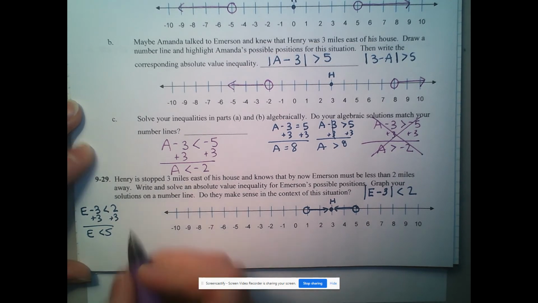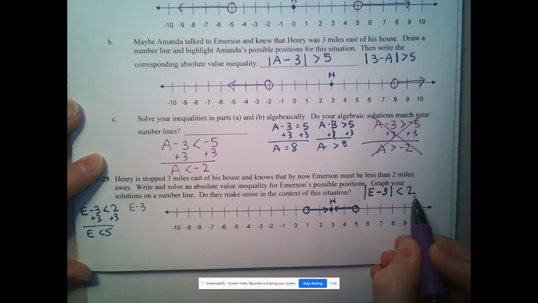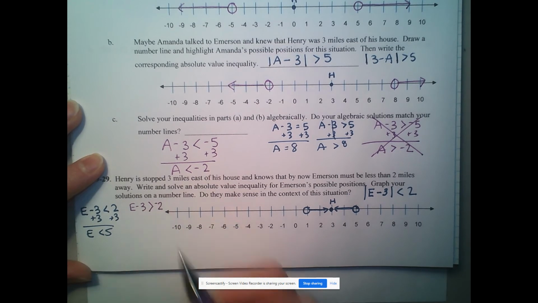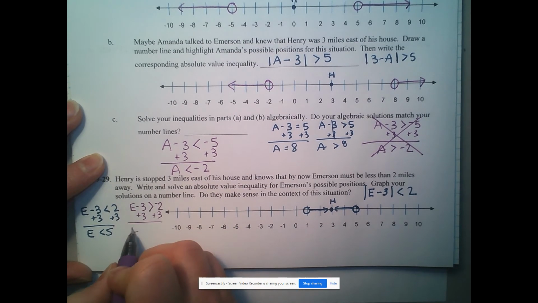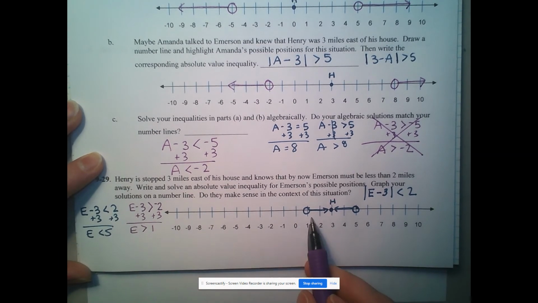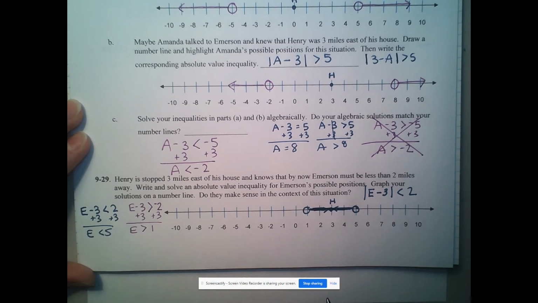Now, when I go to do the other side, remember E minus 3, instead of less than 2, I need to flip that to greater and make the 2 its opposite, which is negative 2. So when I add 3 and add 3, I get that the other possible location for Emerson is greater than positive 1, which is what we had over here. Now, when you're finished with this, you would actually just connect these. You wouldn't have any arrows at all because you'd be saying all values between 1 and 5.